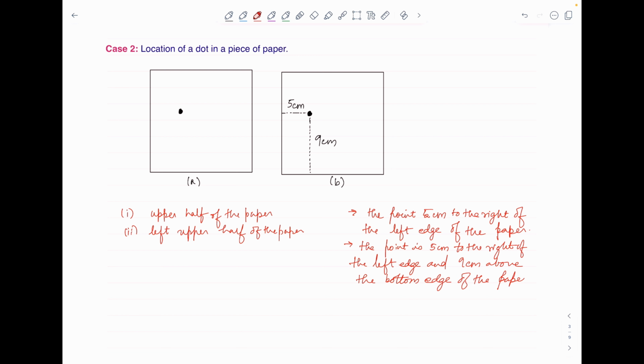Got my point? So he then communicated to me that yes sir, this point is 5 centimeter from the left edge of the paper and 9 centimeter above the bottom edge of the paper. So he gave me two pieces of information.